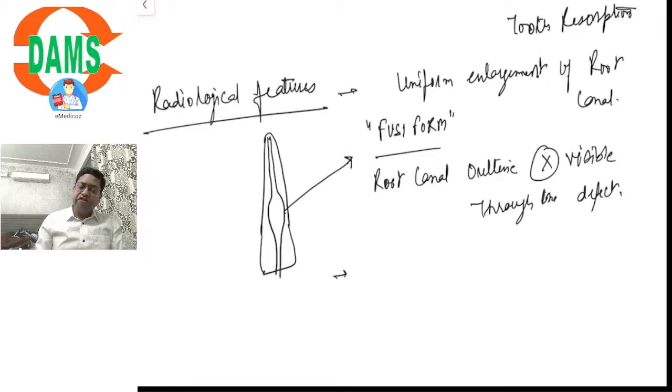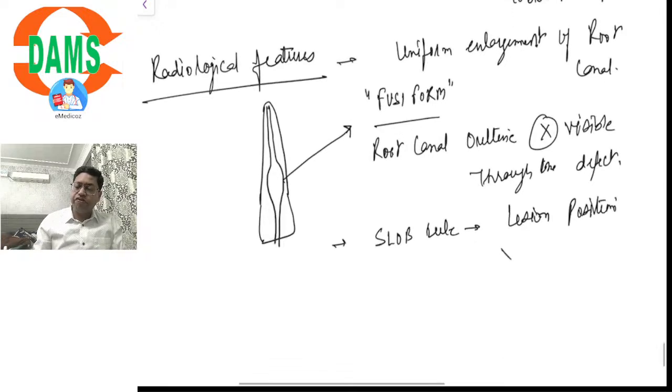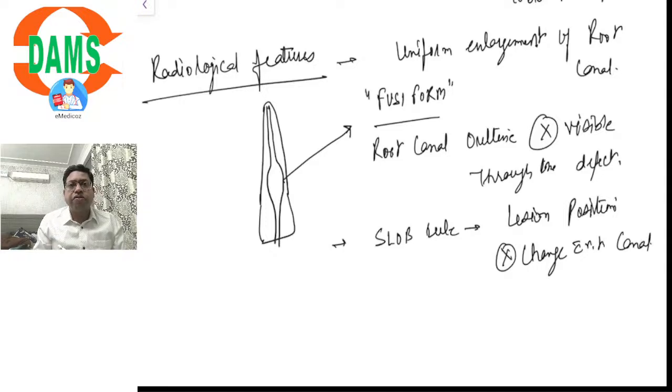Another feature is the SLOB rule: if we make a radiograph from different angulations, the lesion position does not change with respect to the canal. In cases of external cervical resorption, we have seen that the position of the lesion changes as we change the X-ray cone angulation. So these are the two important radiographic features which help in distinguishing.